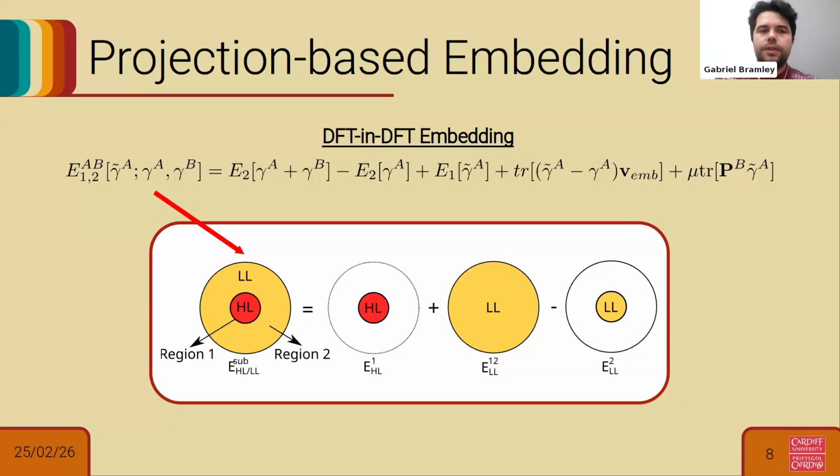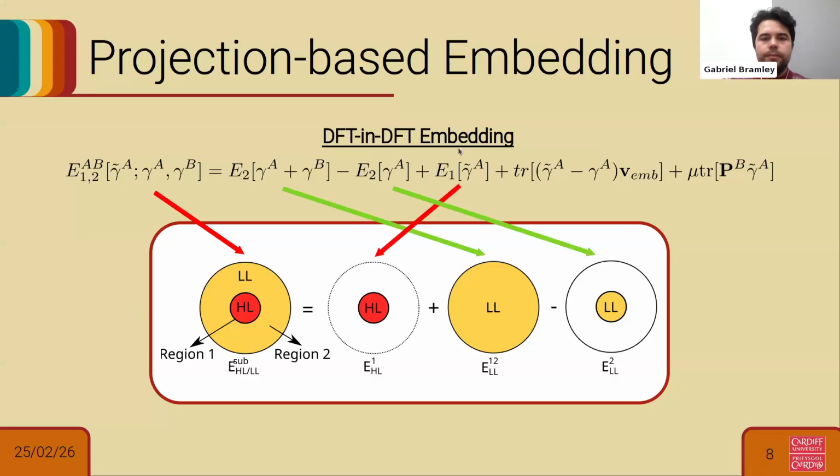So for example, for DFT in DFT embedding, you describe the whole supersystem with a method 2, as you can see here, and you can subtract out the corresponding region of the active region with the lower level method, and then add in the high level contributions of method 1 described with the density matrix that corresponds, which is being optimized in the embedding potential.